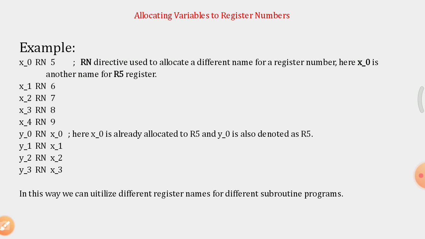So in the main program I can call the register R5. In the first subroutine program, I can call it as x underscore 0. In the second subroutine, I can call it as y underscore 0. So in this way, we can utilize different register names for different subroutine programs.